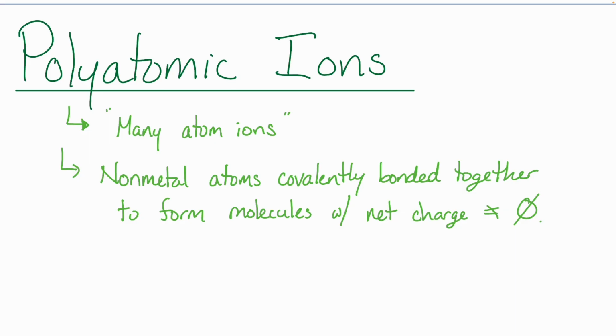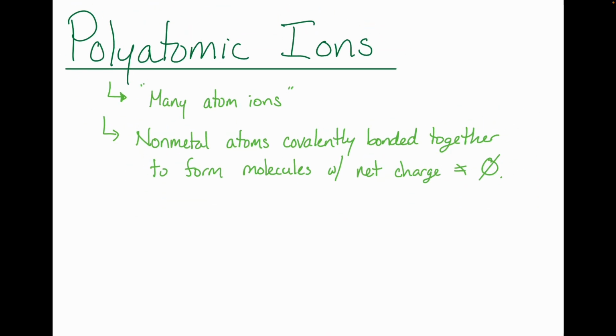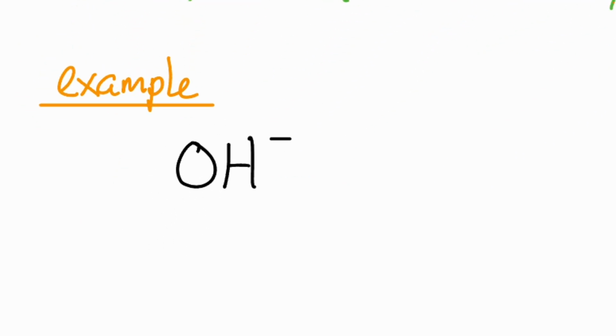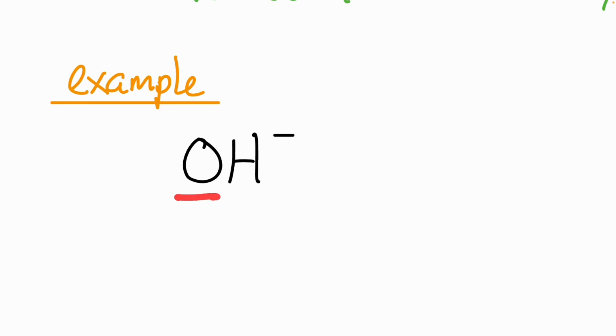All right, so just some quick examples here. So what do I mean here? What's going on? All right, let's do an example. You might remember from Chem 1A, you would have been introduced to your first base of the semester, the hydroxide ion here. And so what we see are two nonmetals.